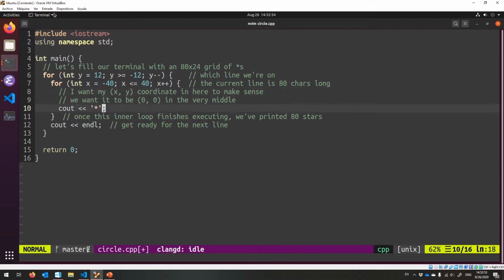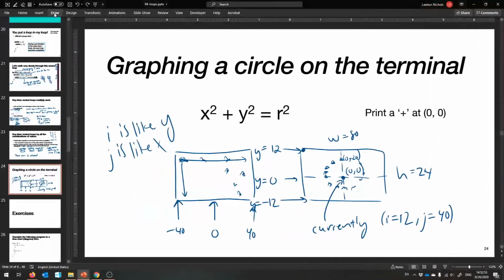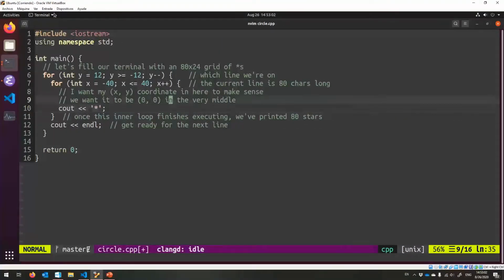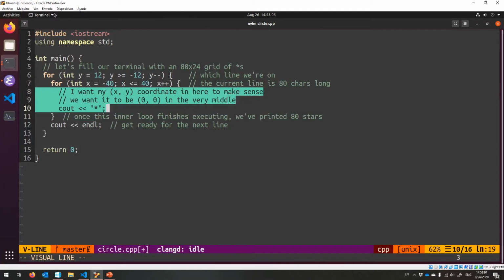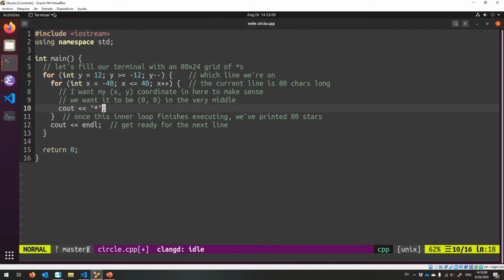Okay? So now, to check ourselves, let's print the plus sign, the axes meeting, at 0, 0. Okay? So when we're in the body of this inner loop, we have an x value and a y value, and we have just changed them to be like coordinates. Okay?